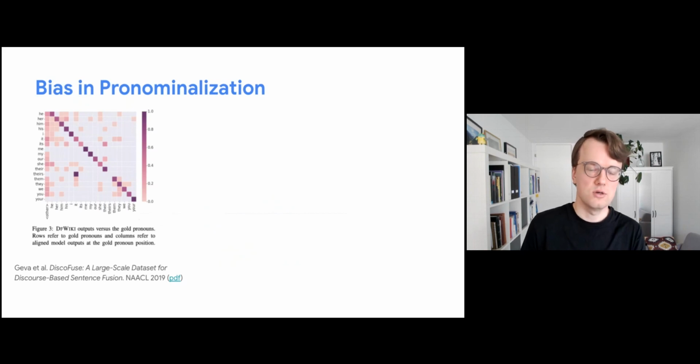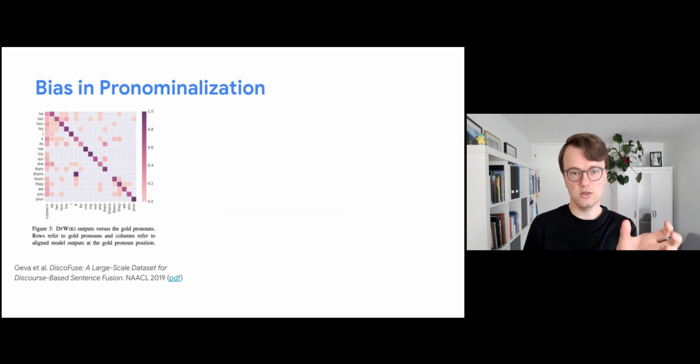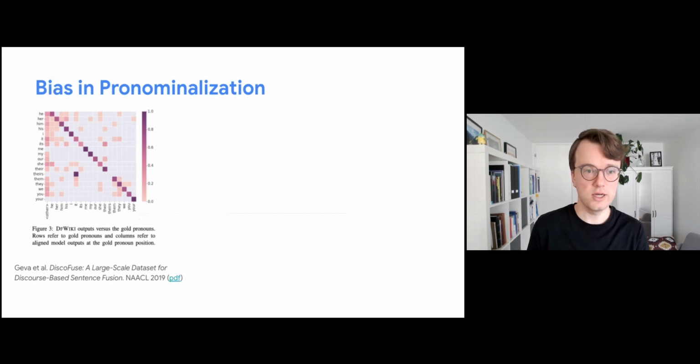But okay, going to my own work, we have this paper on sentence fusion, and here we did a short analysis of how often the model gets the pronoun right when it's performing pronominalization, so when the model is replacing an entity name with a pronoun. It does seem to get it right pretty often, but it still makes mistakes.